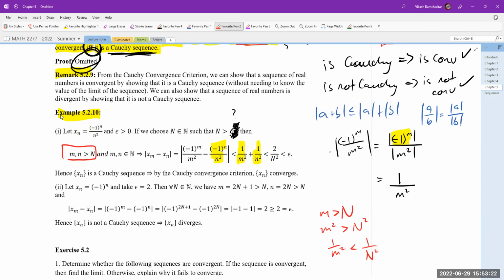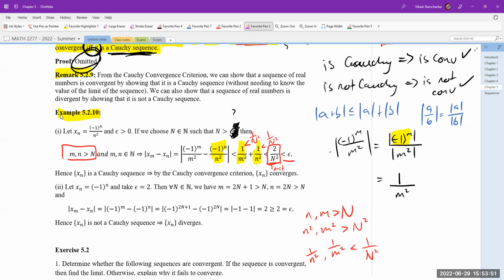And in a similar way, 1 over n squared is less than 1 over capital N squared. So this guy is less than 1 over N squared, and this guy is less than 1 over N squared. When I add them together, I get 2 over N squared, and this here is a constant. So we set this constant less than epsilon.